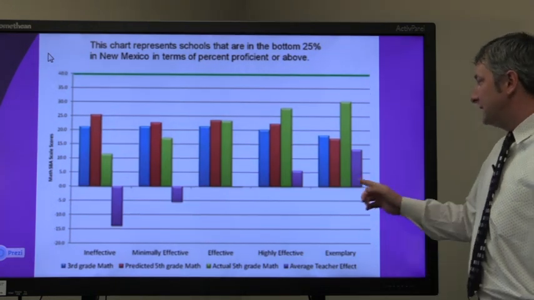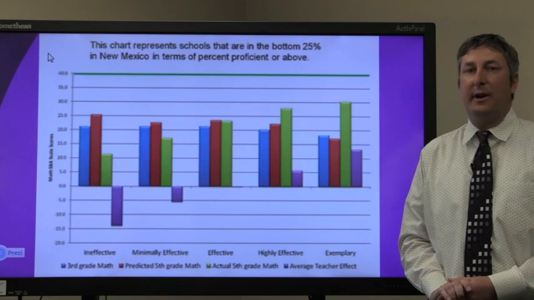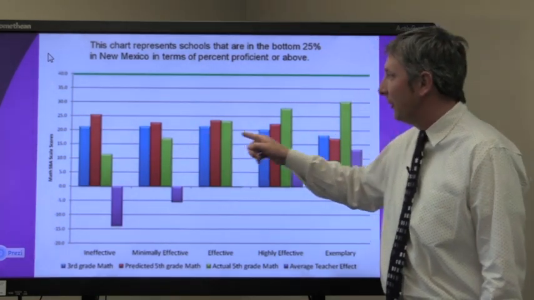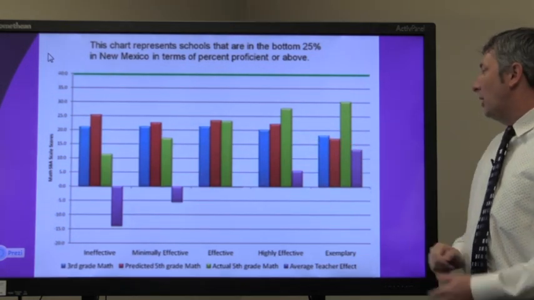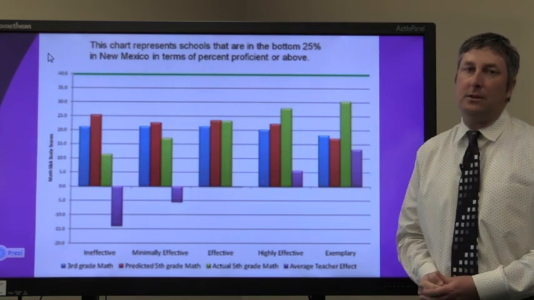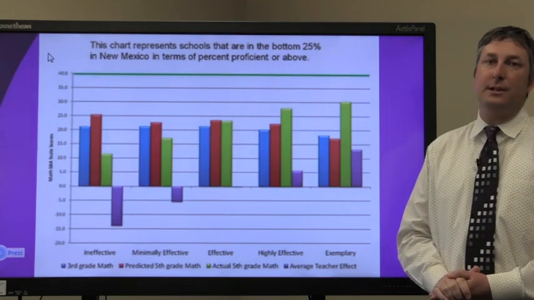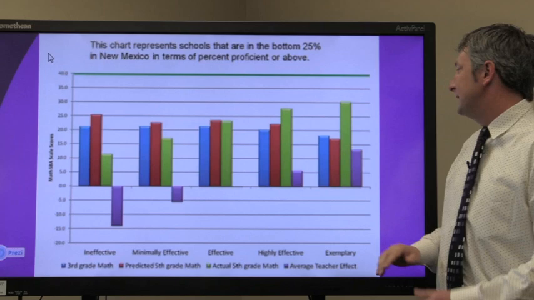So as we take a look at these columns here, the blue bar, that's a 3rd grade math score for a student. And for this particular set of students, it looks like it's about an 18 or so. The red bar is what we would expect these students to score based on the average of their 3rd and 4th grade scores. Once again, that's probably at about 17.